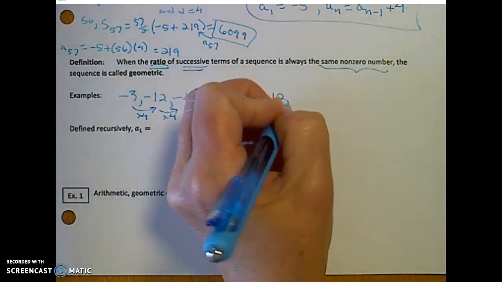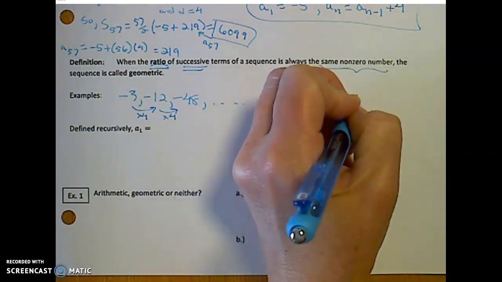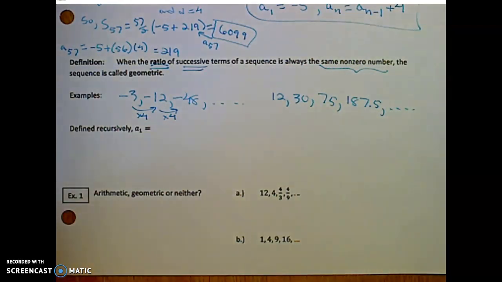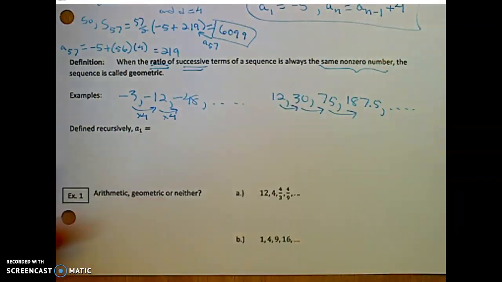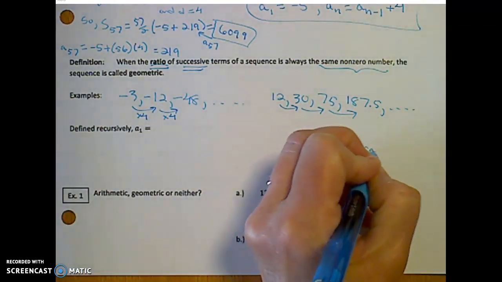Or how about 12, 30, 75, 187.5, and so on. This is a geometric sequence. It's harder to find what I'm multiplying every time, but you remember in a geometric sequence, we always had a common ratio.